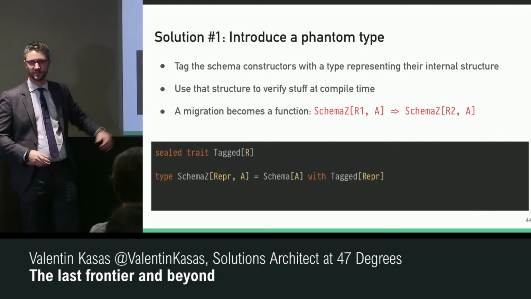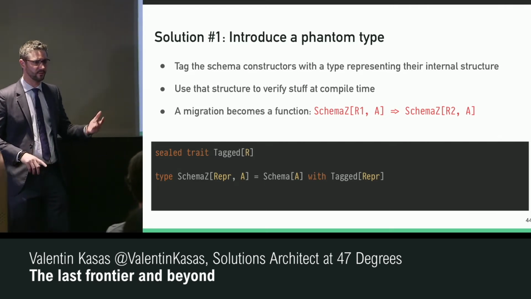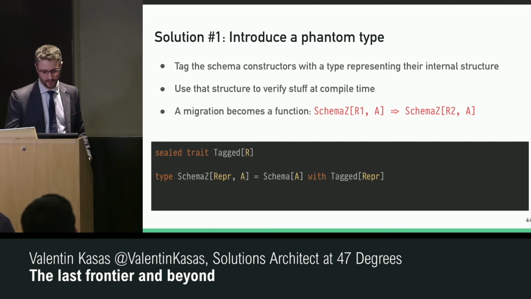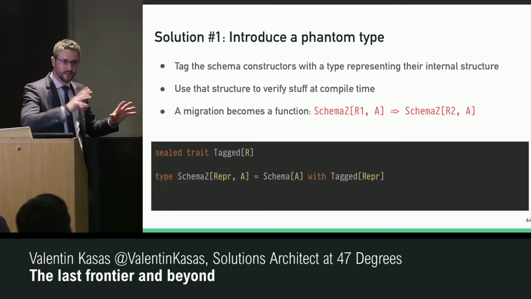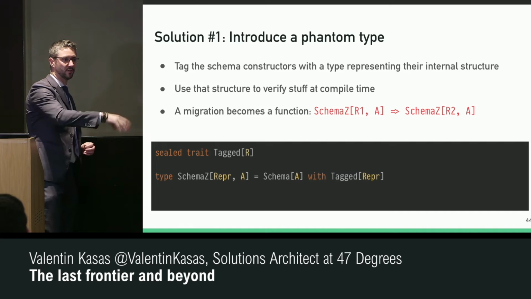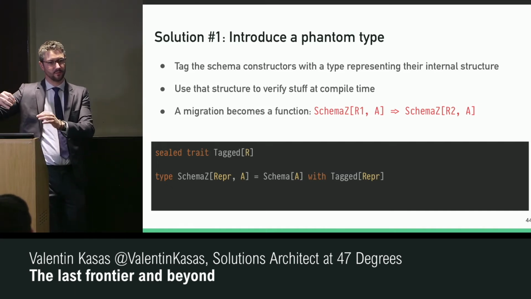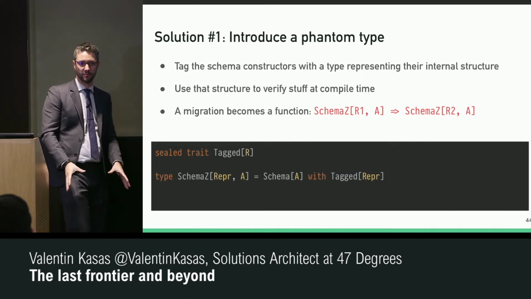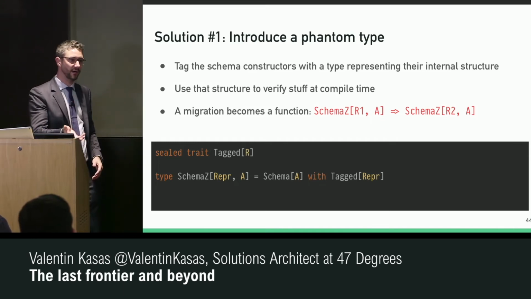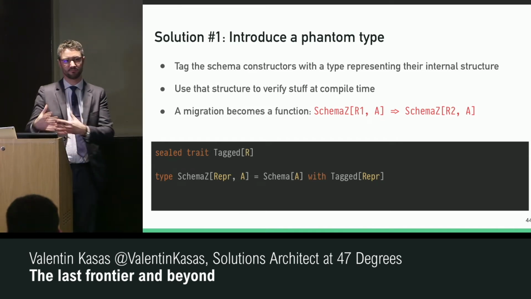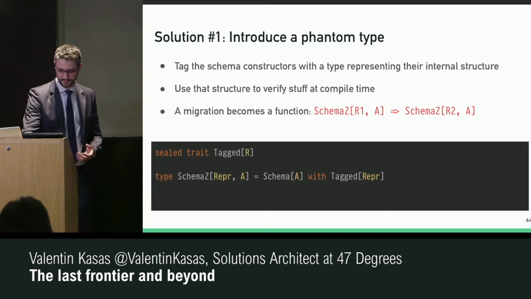You would find this pattern in Cats, in Shapeless, whatever. It's really, really simple. So the idea is at the moment we construct a schema, we tag it with the structure it has below the surface, so that the compiler has enough information to verify that the migration applies.